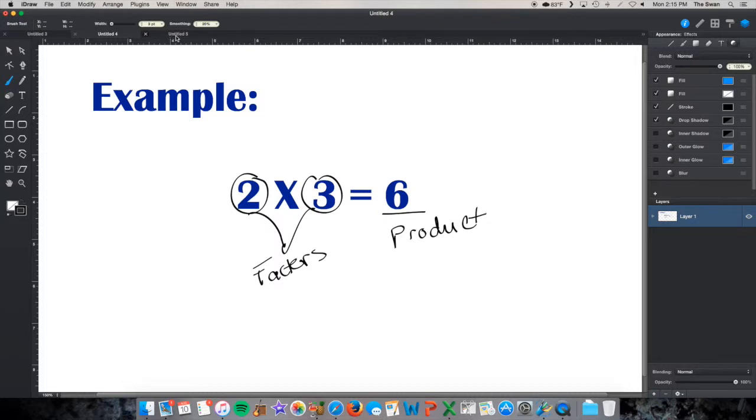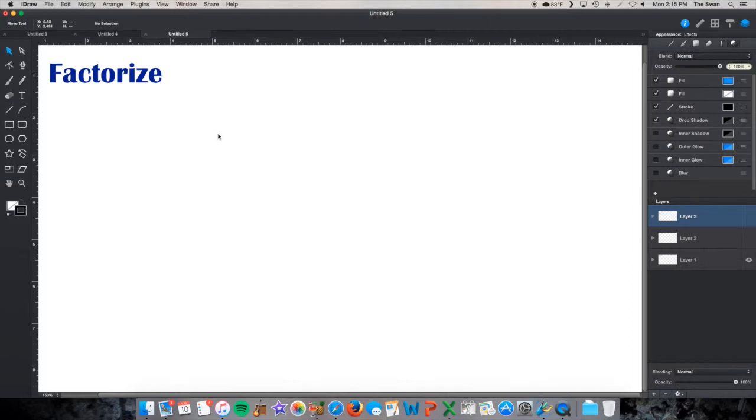So what we're going to talk about now is how to factorize, how to find all the factors for a given number. And there are two tools that you need to use to help you find the factors for a number. First is a t-chart, and the second is the guess and check strategy that we've talked about in class.